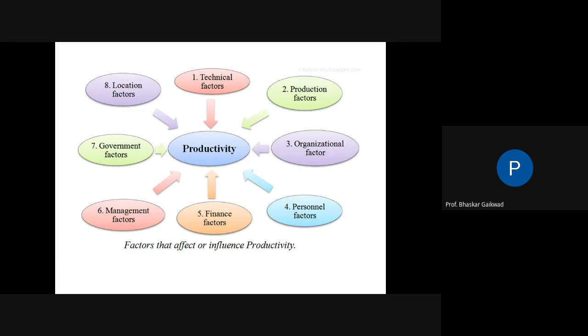If these are there, productivity will increase. If production planning and control is there, definitely productivity is there; if not, productivity is affected. Technical things mean technical people, design-related software, and fast manufacturing machines like CNC and VMC.